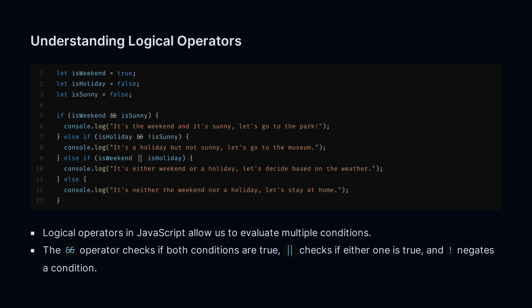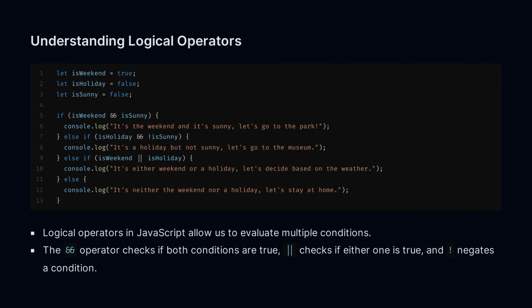Let's now take a moment to comprehend how logical operators amplify the power of conditionals in JavaScript. Logical operators enable the evaluation of multiple conditions at once, adding another layer of complexity and decision-making power to our code. In JavaScript, we use the double AND operator to check if both conditions are true, double vertical bar to check if either one is true, and exclamation to negate a condition.